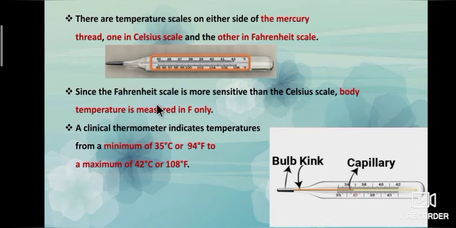A clinical thermometer indicates temperatures from a minimum of 35 degrees Celsius or 94 degrees Fahrenheit to a maximum of 42 degrees Celsius or 108 degrees Fahrenheit.